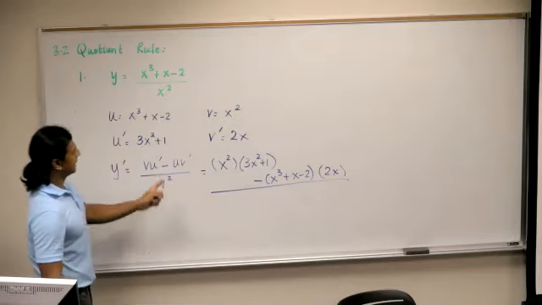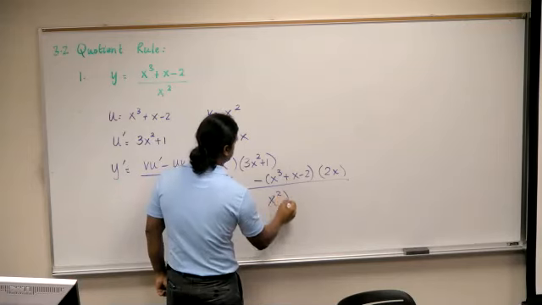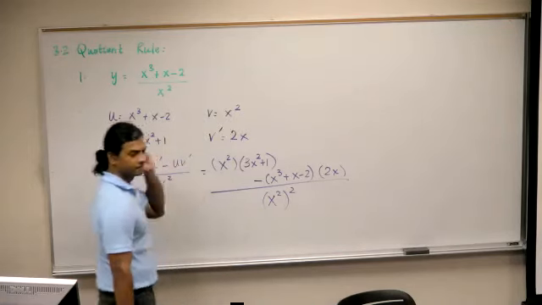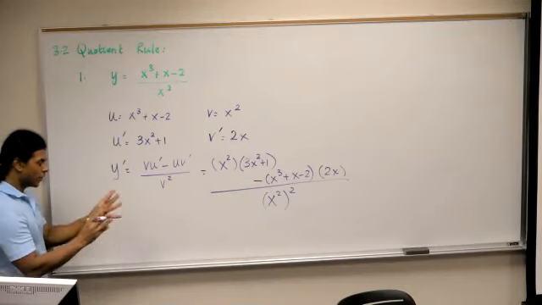Divide the entire thing by v squared, which is simply x squared, squared. Yes, v is x squared, square of that.